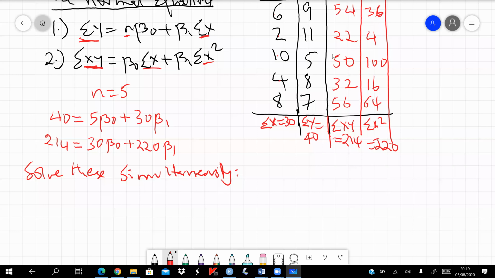So let's choose elimination method. Let's eliminate beta naught. I'll multiply the first equation by 6. So this gives me 240, 180. I keep the second equation the way it is.